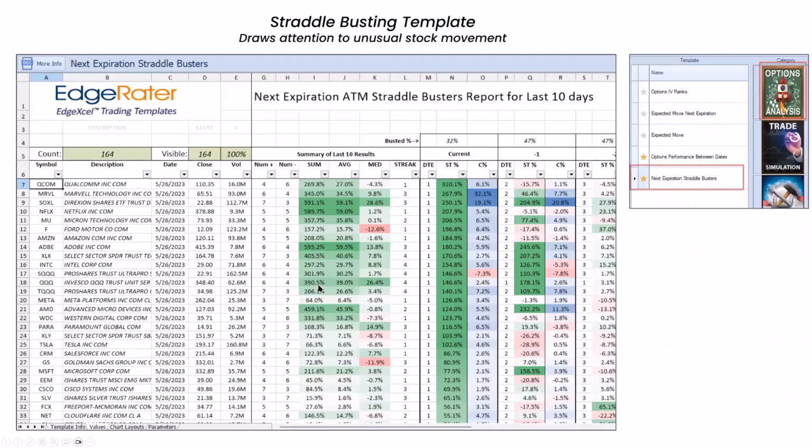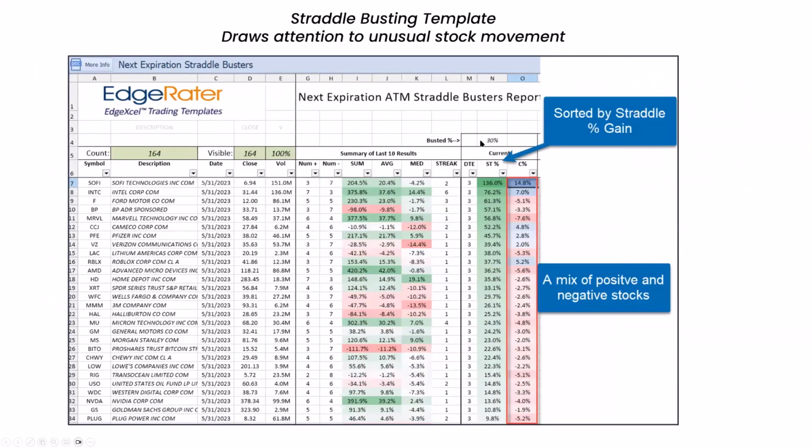So now put all this information together to what we have in EdgeRater, the data and the template. I want to just let you know this template, the next expiration straddle busters template, is in the options analysis category. And this is how it looks, but we'll go into the software and actually take a good look at that in just a second.